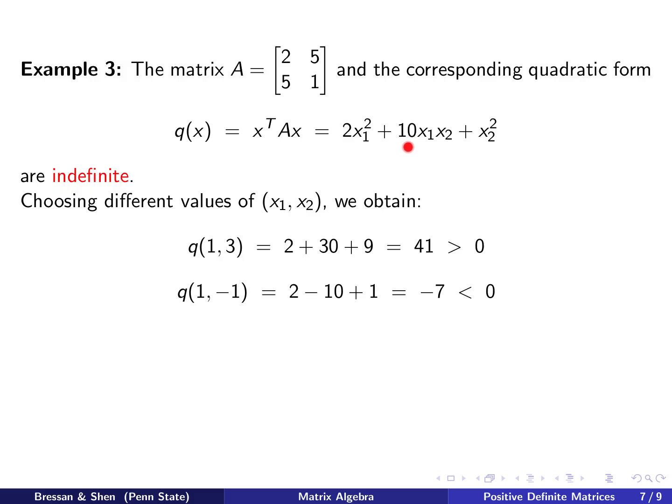Then we see that this 10 is bigger than 2 and 1 here. So if we can make x1 times x2 negative, we'll get a pretty big negative number. Indeed, if we put 1 and negative 1 here, then we get negative 7, which is less than 0. So this quadratic form is indefinite.